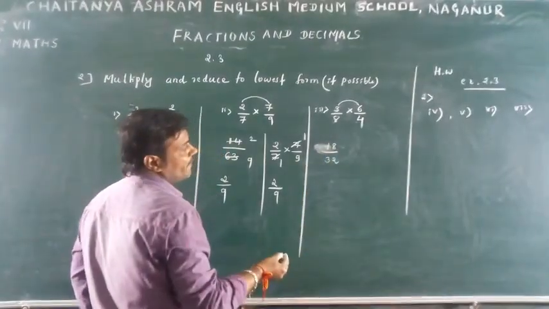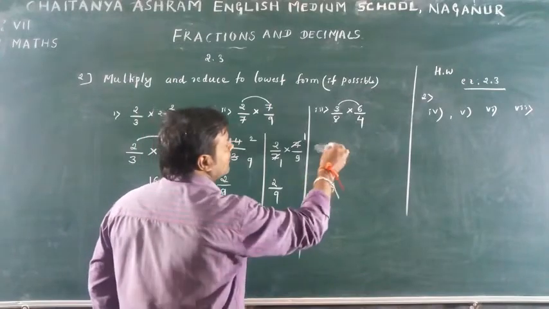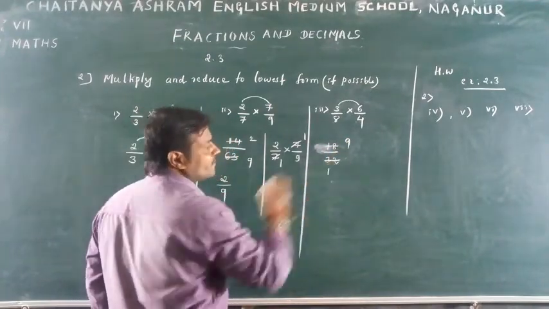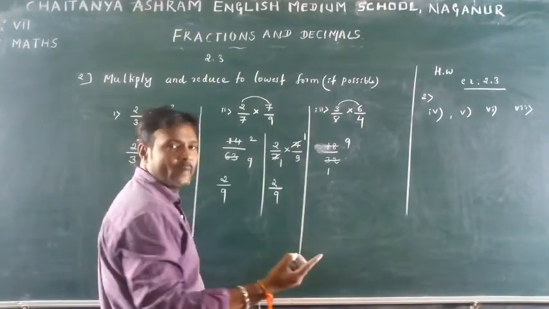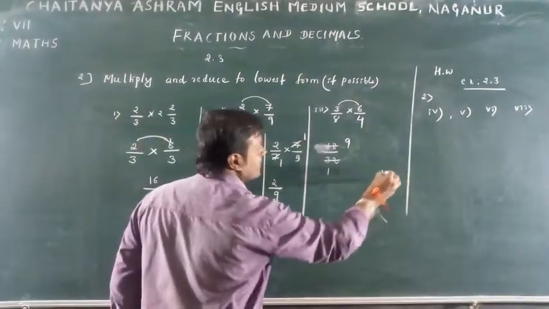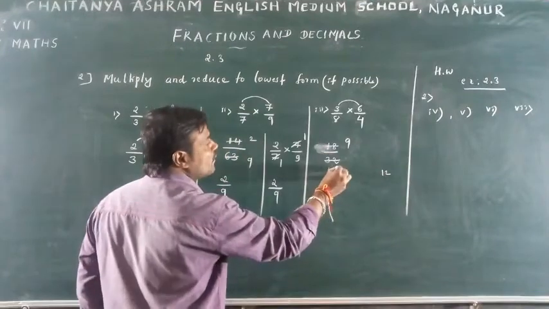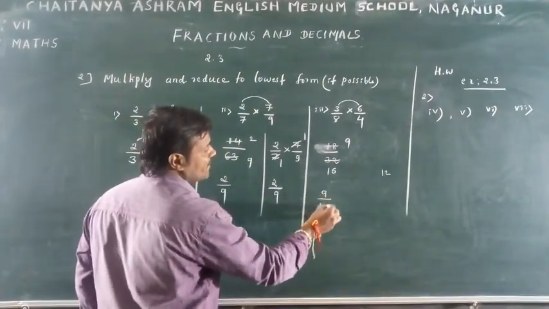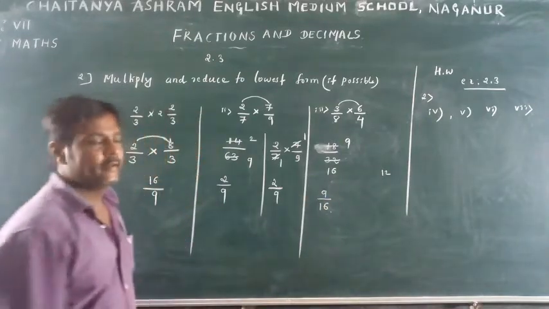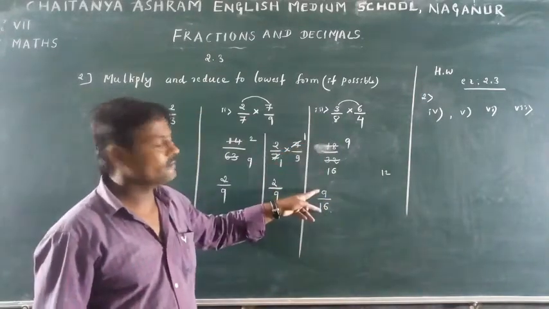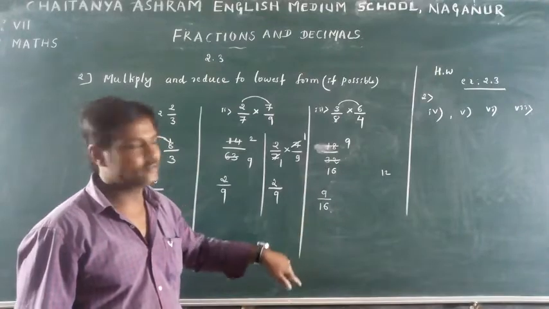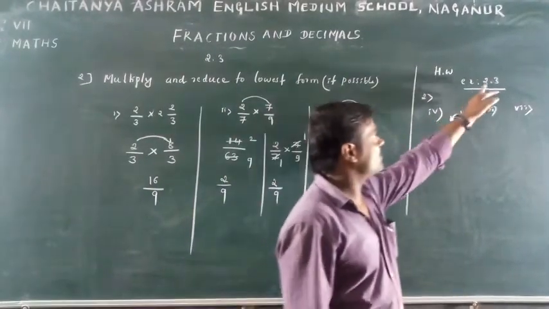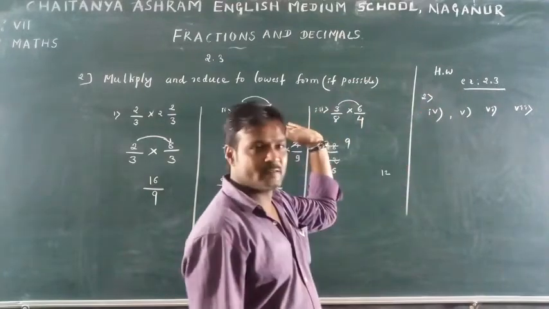First divide by 3. 3 6s are 18, 3 into 6 is 2. 1 remains, 12 becomes 2. 2 6s are 12. So now 9 divided by 16 is its lowest form.